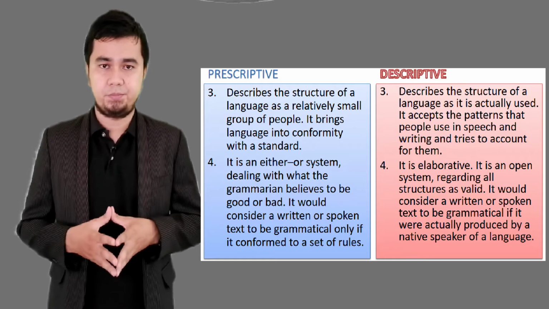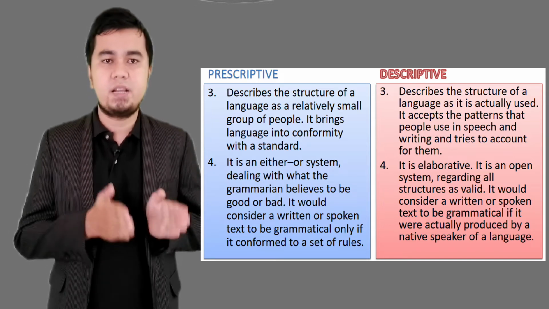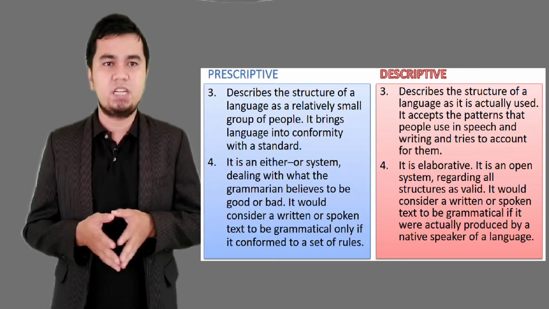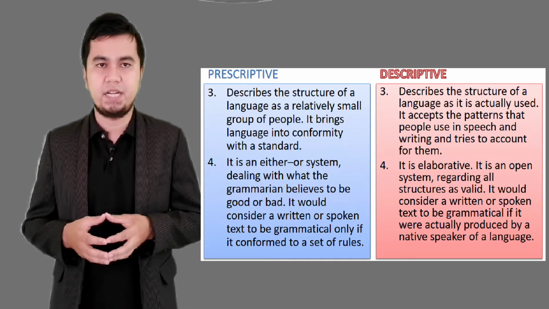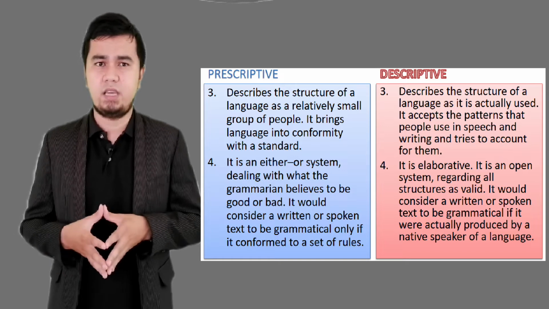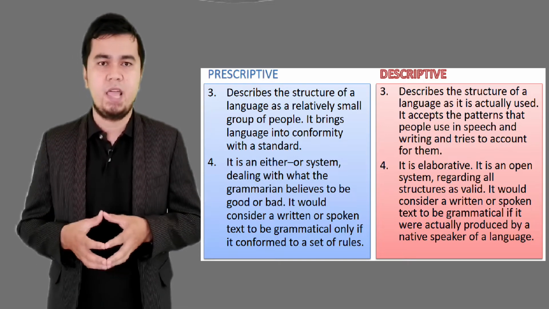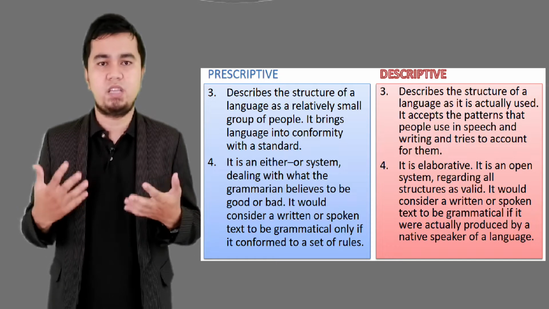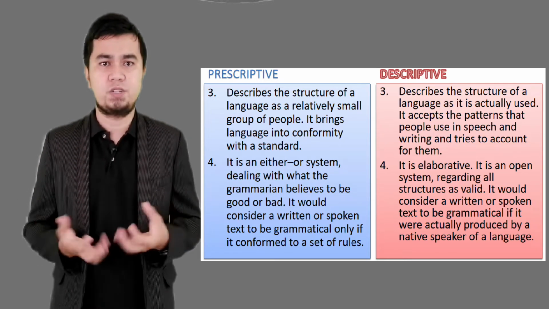On the other hand, the fourth difference: the prescriptive grammar is either-or, a system dealing with what the grammarian believes to be good or bad, while the descriptive grammar is elaborative. When we say elaborative, it is an open system regarding all structures as valid.